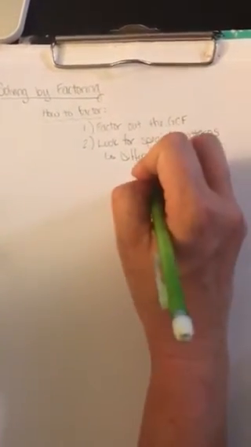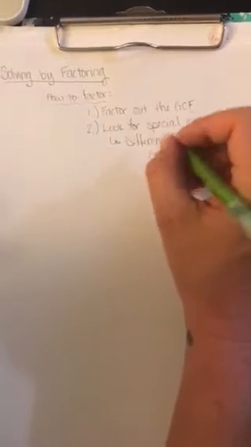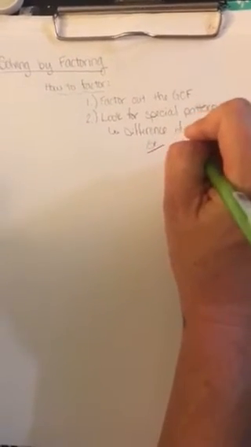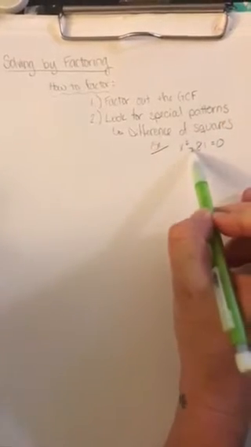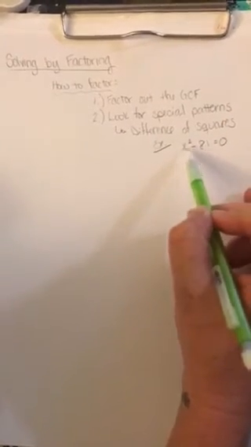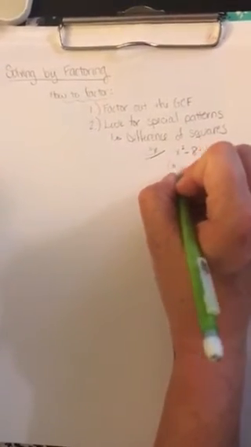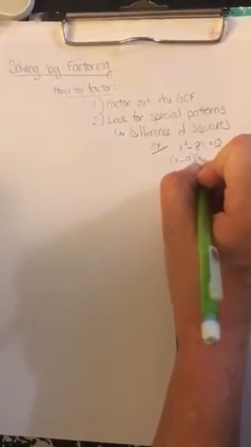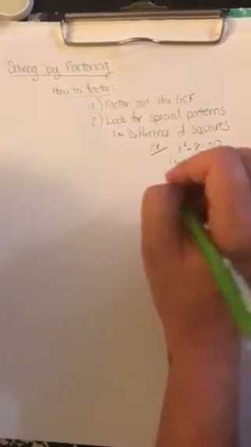Difference of squares would be, for example, if you had x squared minus 81 is equal to 0. So difference being subtraction, and then squares, well, both of your terms are perfect squares. So they factor to be x minus 9, and then x plus 9 is equal to 0. Okay, so those are a difference of squares.